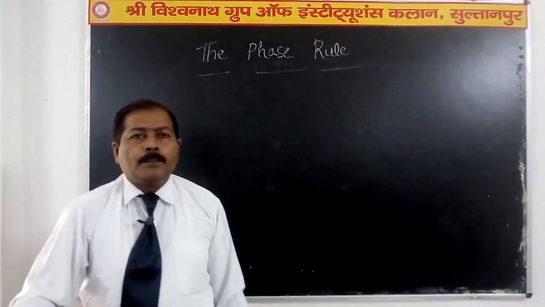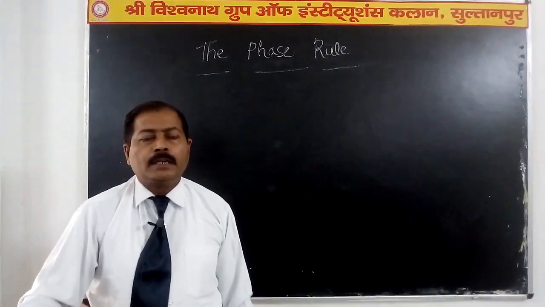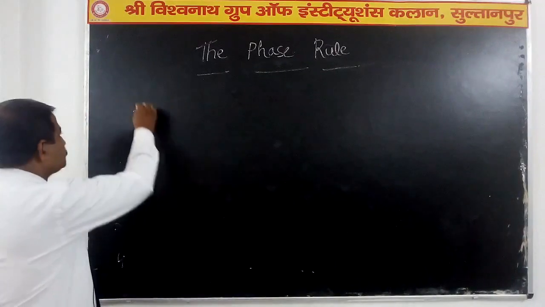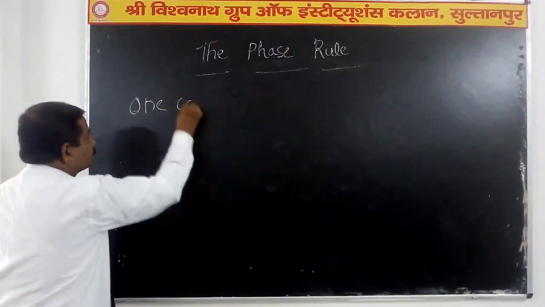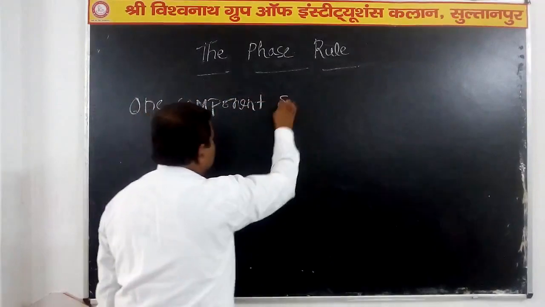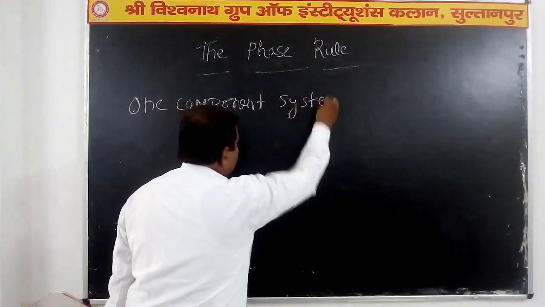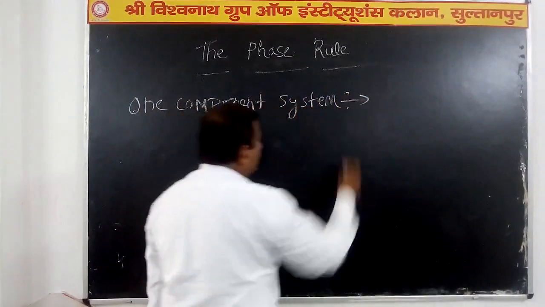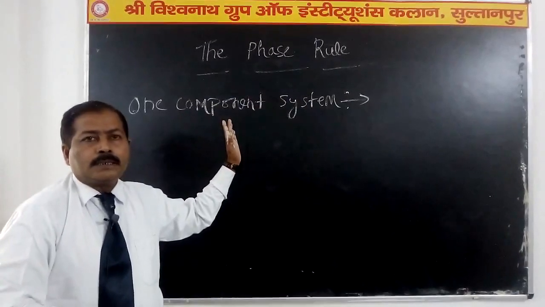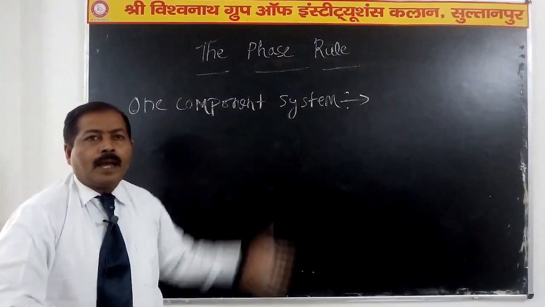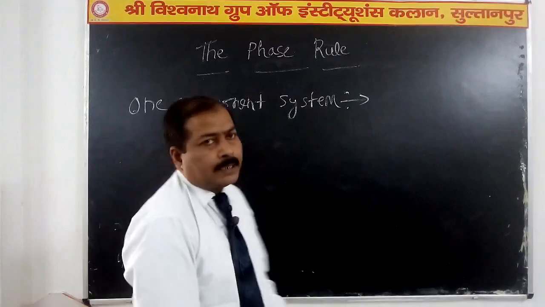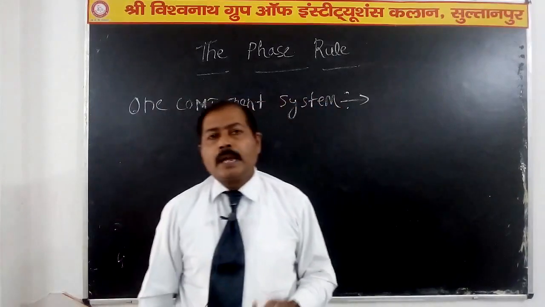Now I will take the important topic of this unit, that is the one component system. As you know, one component system simply means when the different phases of a particular system can be represented by a single chemical formula.